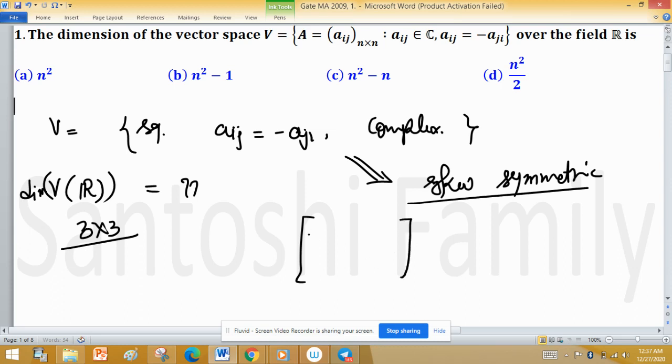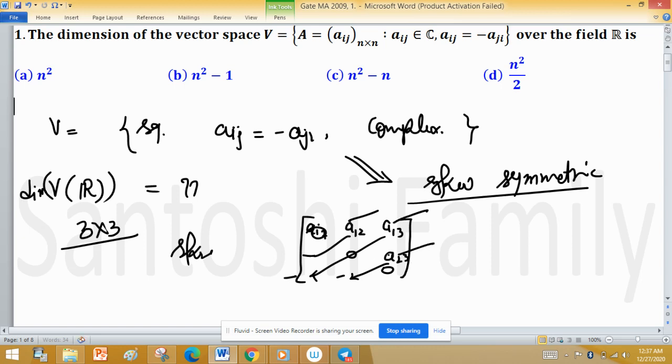Suppose this is a 3 by 3 matrix with entries A11, A12, A13, and the diagonal elements are 0 because of the skew symmetric matrix. The entries below the diagonal will be the negatives of the entries above, and here A23, and this will be the negative of this one.